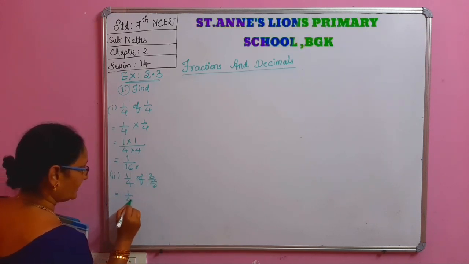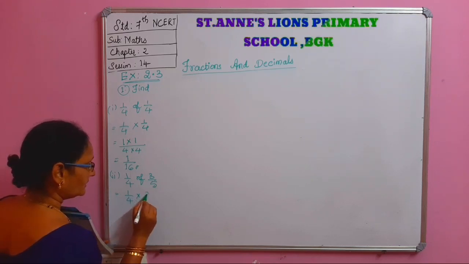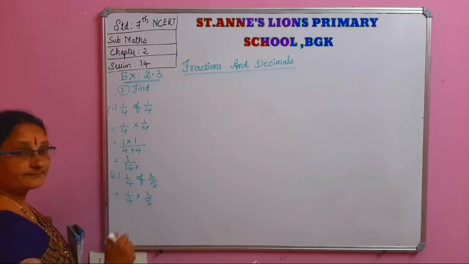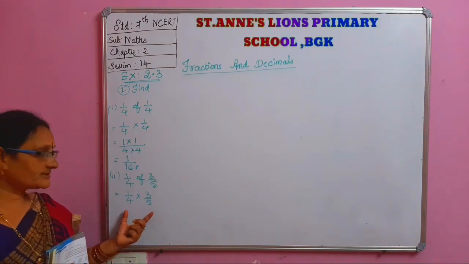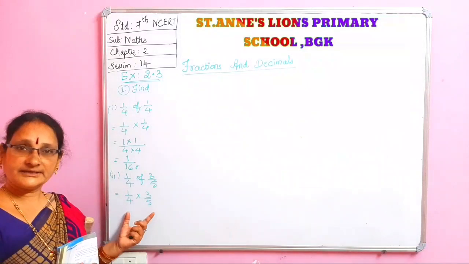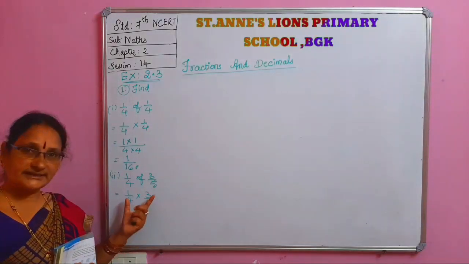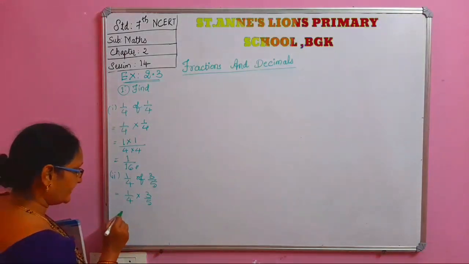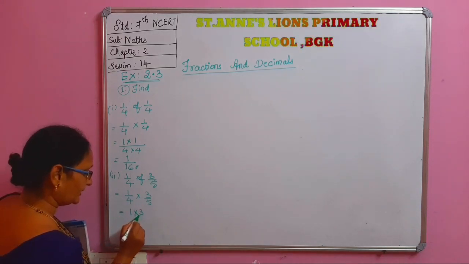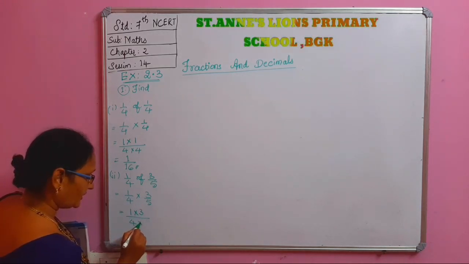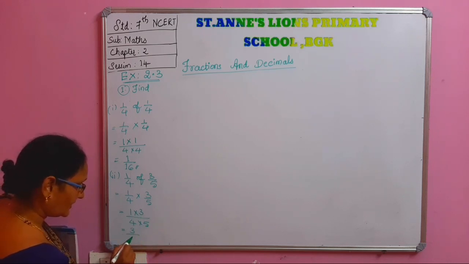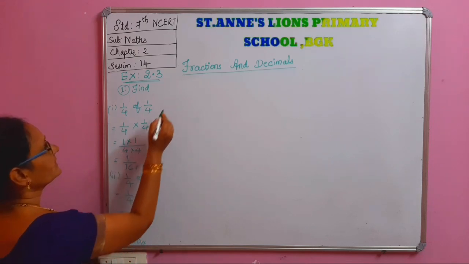So 1 by 4 into 3 by 5. After writing these two fractions, you just observe: is there any cancellation possible? No. Then we can proceed to the next step, that is 1 into 3 divided by 4 into 5. 1 3s are 3, 4 5s are 20. This will be the answer.